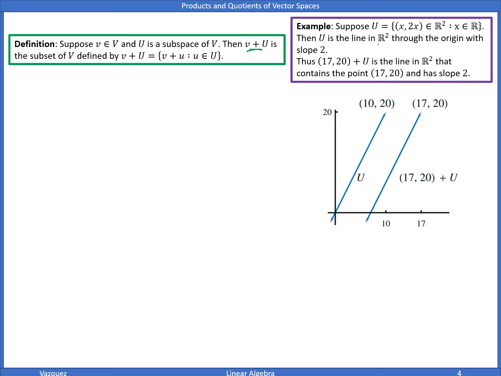In this point here, I know it's (7, 0). The reason I know that is because if I get u, I need a vector (x, 2x) plus (17, 20) to equal (7, 0).